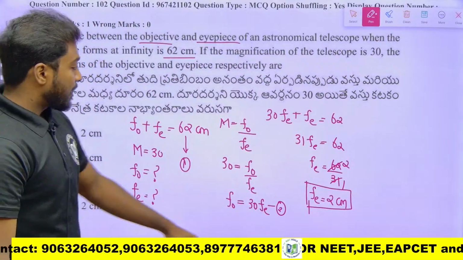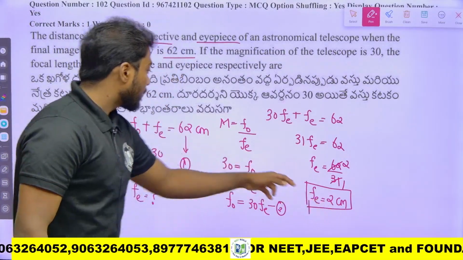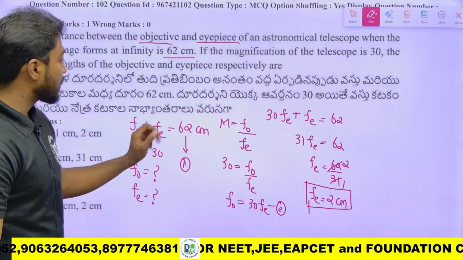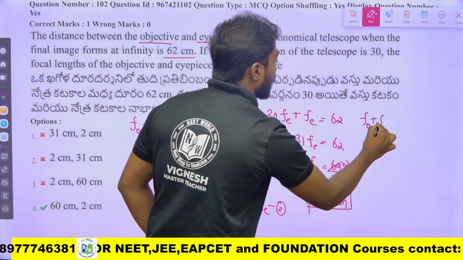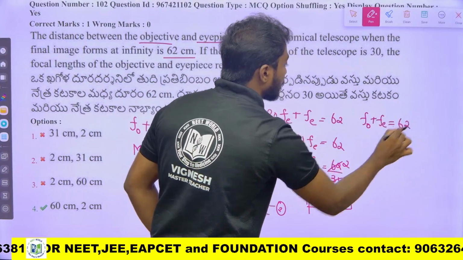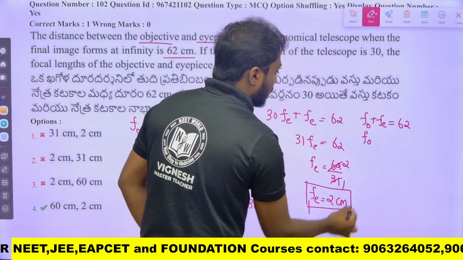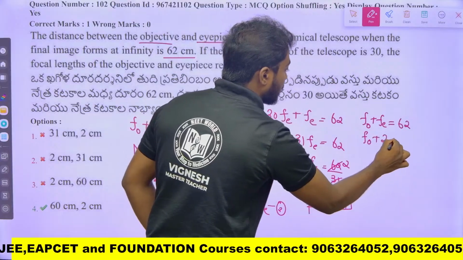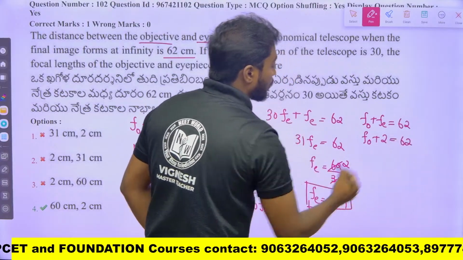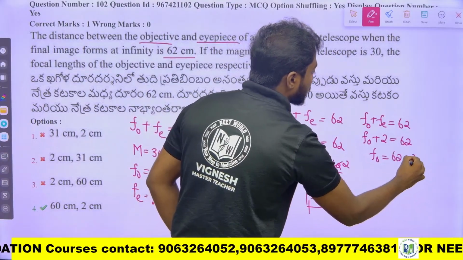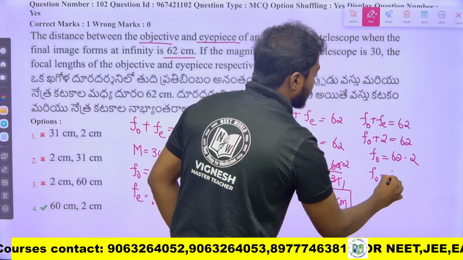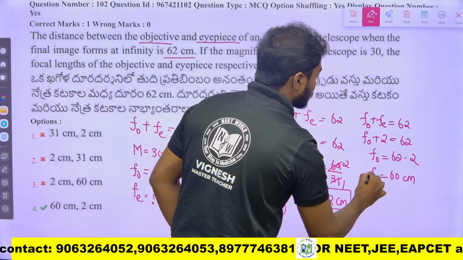Next, by taking fe equals 2 centimeter, I can substitute it in the first equation, right. Focal length of objective plus focal length of eyepiece is 62, so focal length of objective plus 2 equals 62. So f naught equals 62 minus 2, which is nothing but 60 centimeter.